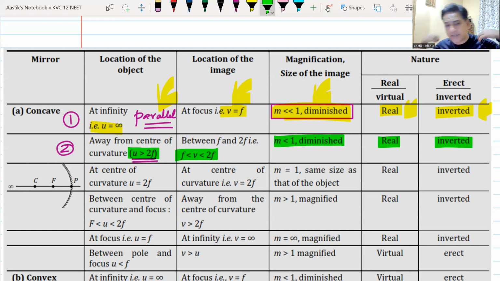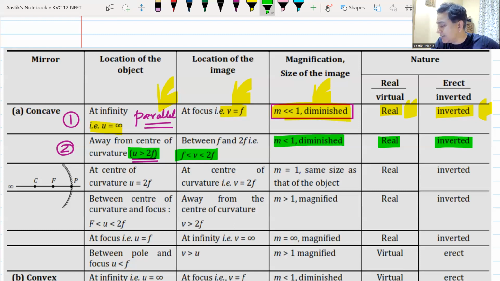You may not write it in English, you may write it in your own language, whatever language you are comfortable with. Have you noted down point number two, my dear friends? Yes, sir. Position number two.